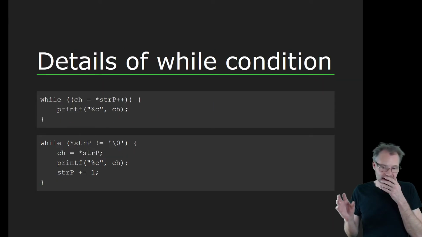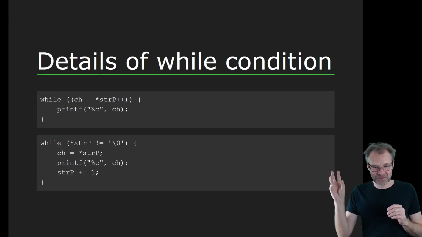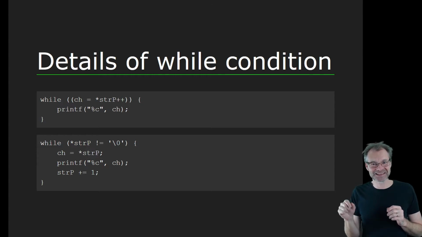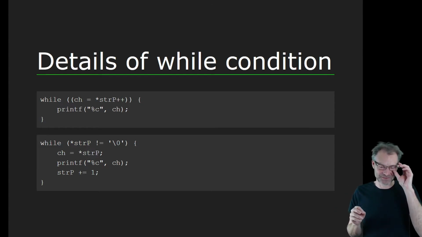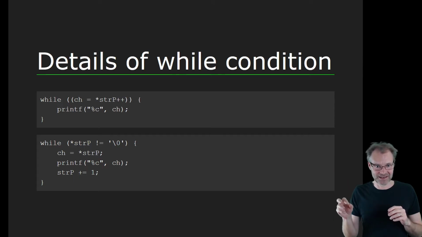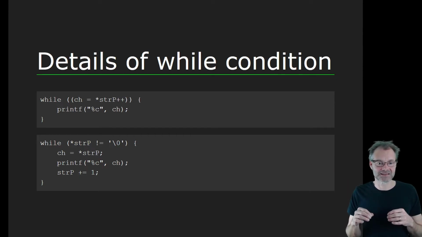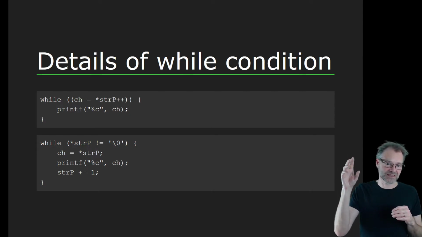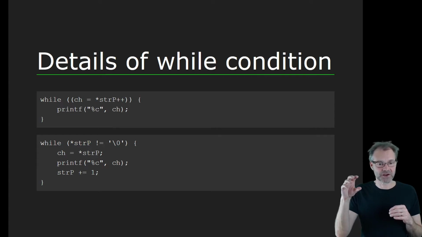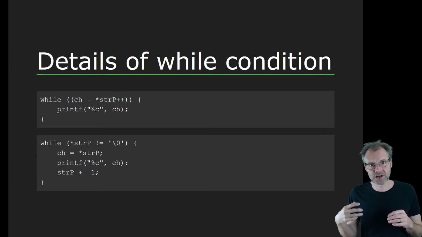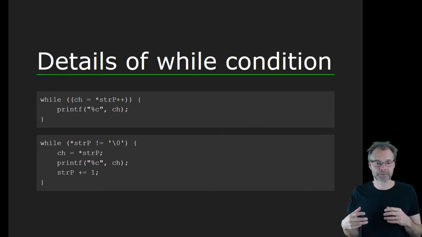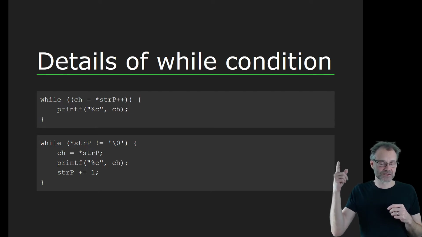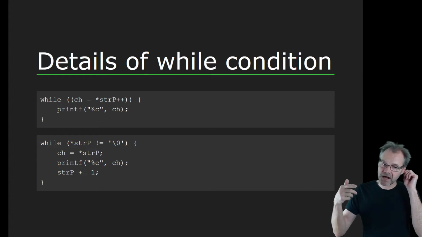We can take one more minute just to check out that while condition, because maybe you thought it was a bit of a dense construct. You will like these dense constructs later on. But the first one up there is equal to the second one. So here I write more explicitly what's actually happening in the while loop. I'm going through the string pointer here, character by character.